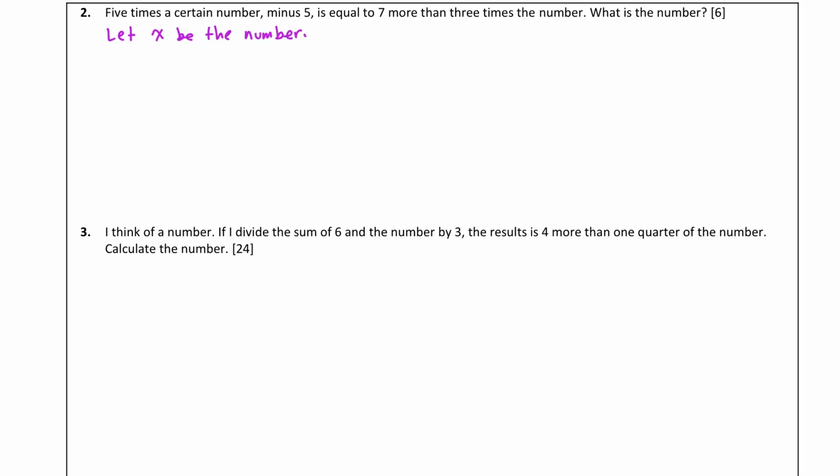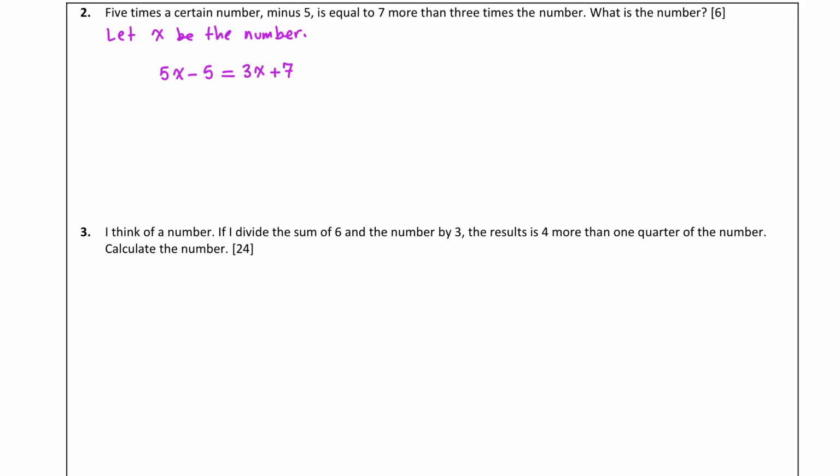We then know that 5 times this mysterious number minus 5 is equal to 7 more than 3 times the number. So that means 3 times the number and 7 more of that. So then once I have this, I can just solve.